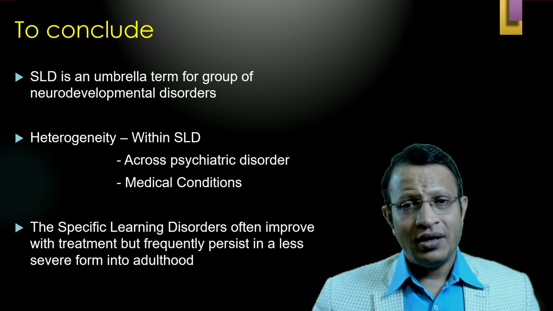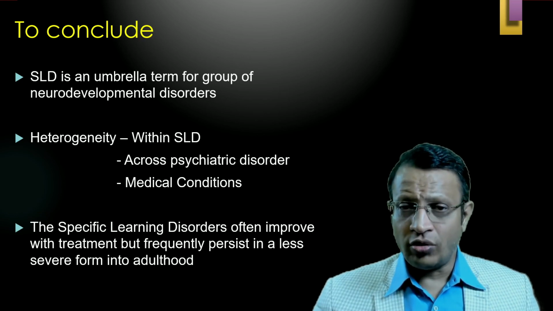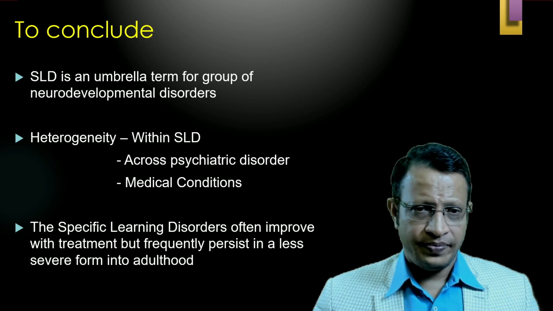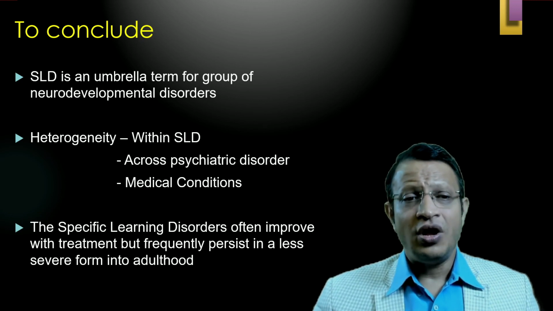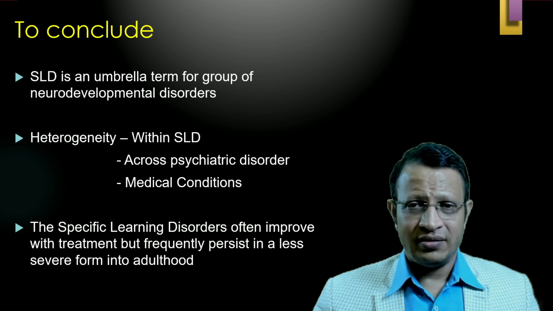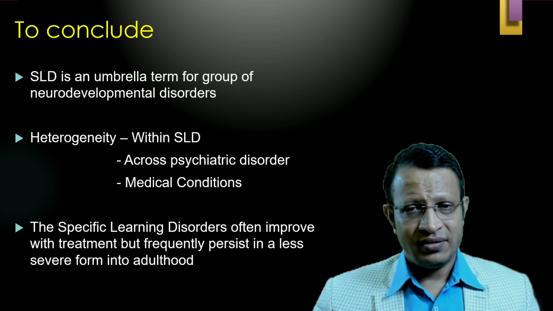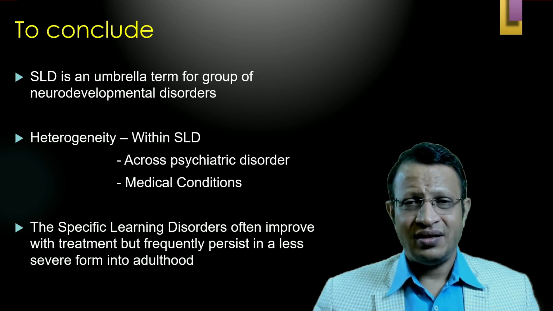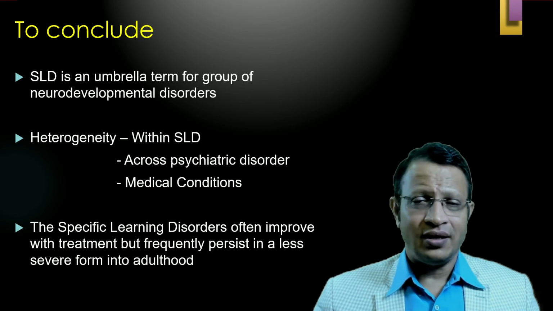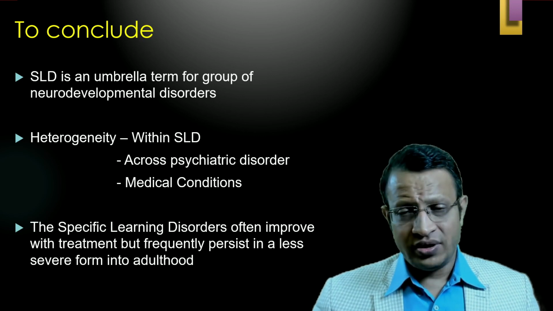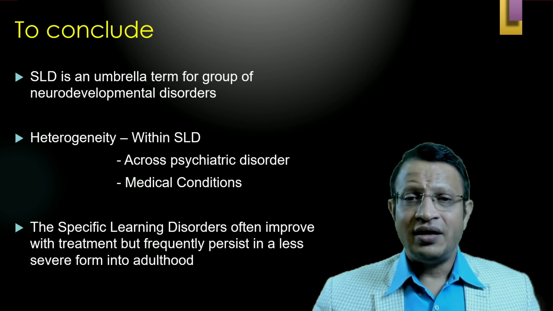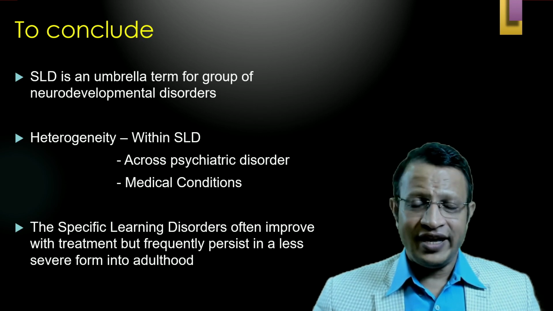All this comes at a huge price, not only to society but to the family also. Hence, specific learning disorder often improves with treatment, but it continues to persist in a less severe form in adulthood. I'll be discussing the treatment, remedial measures, and assessment in the next video.